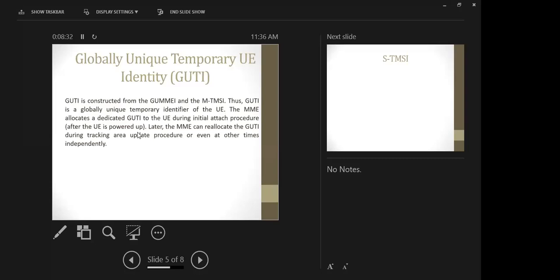But the GUTI allocation takes place from the core network. The component in the core network is the MME, and we'll have a discussion later which will show that in a geographical area, a number of MMEs are grouped.